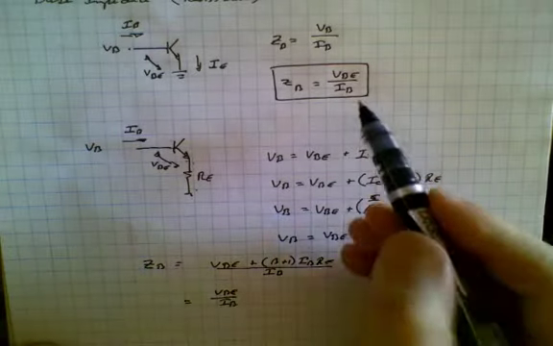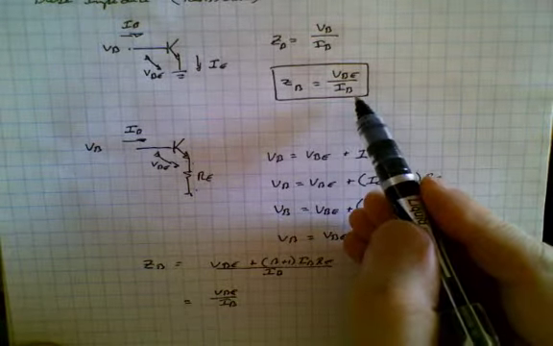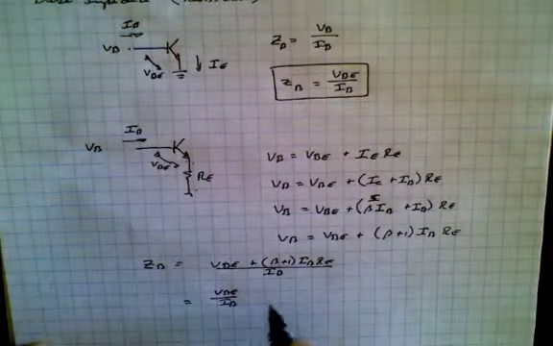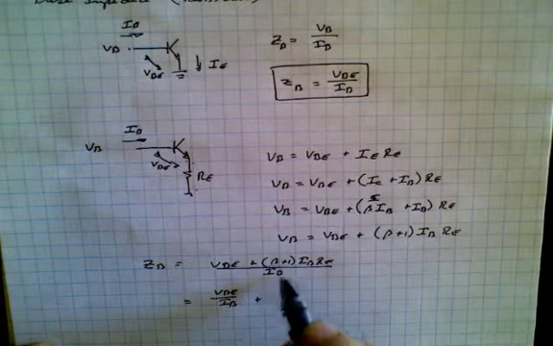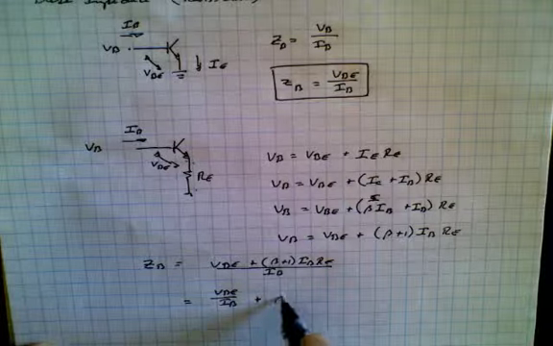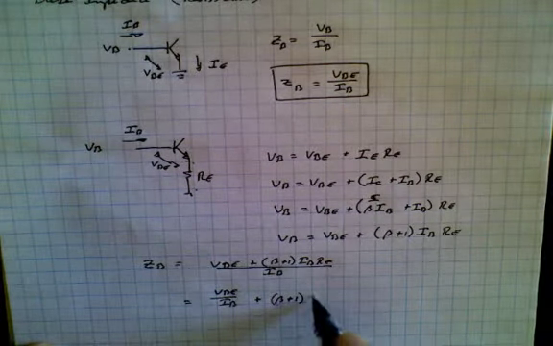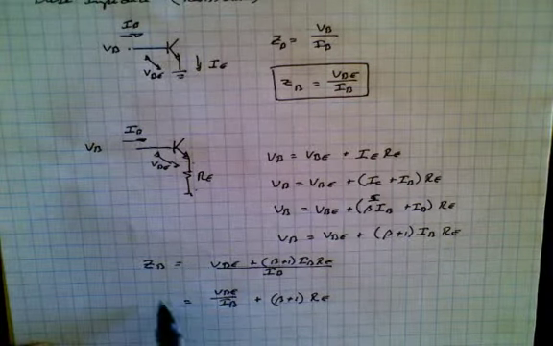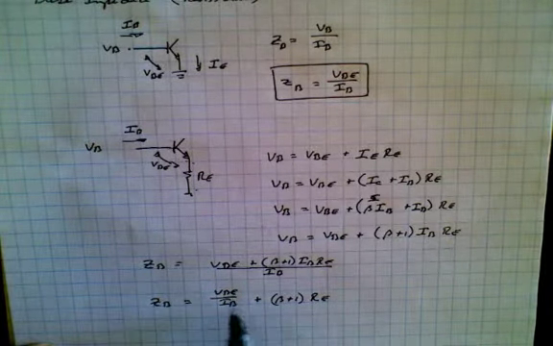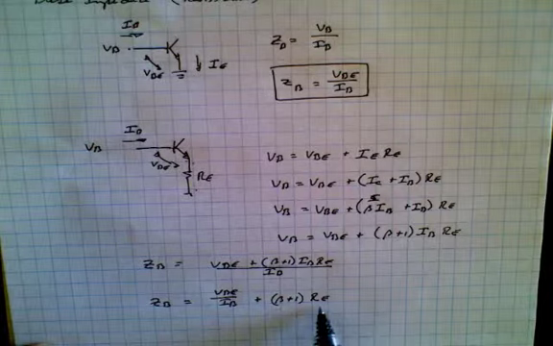And notice that happens to be the original impedance that we saw looking into the transistor. Plus, and notice here the IBs will cancel out, and we're left with beta plus 1 times RE. So notice that the impedance looking into the base has increased by this amount.